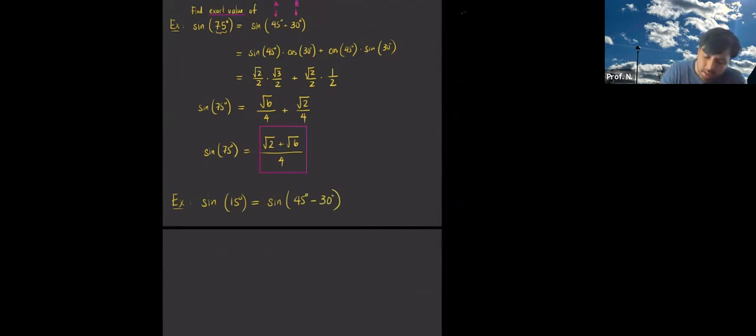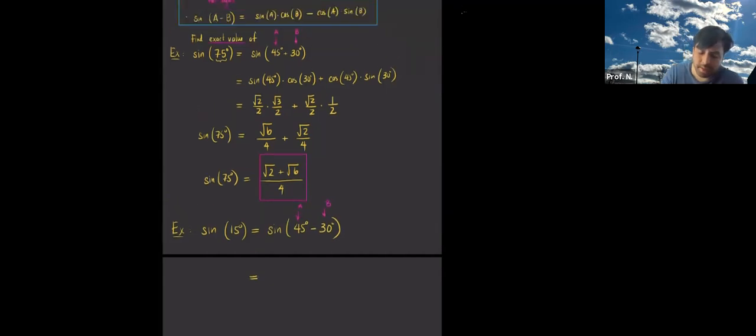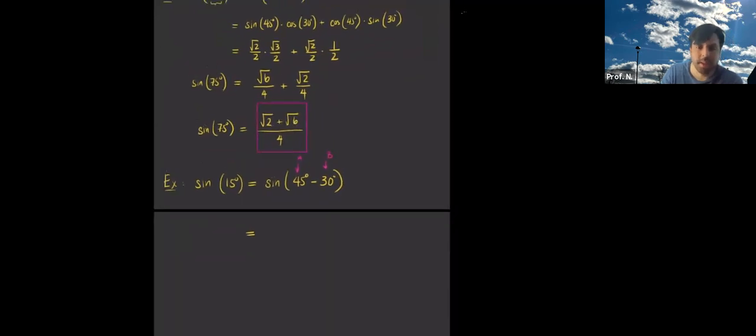This becomes again A, and this becomes again B. So now I use the difference formula for sine. It's exactly the same thing as the sum formula. The only difference is that the plus is a minus now. So I'm going to have sine of 45 times cosine of 30 minus cosine of 45 times sine of 30.